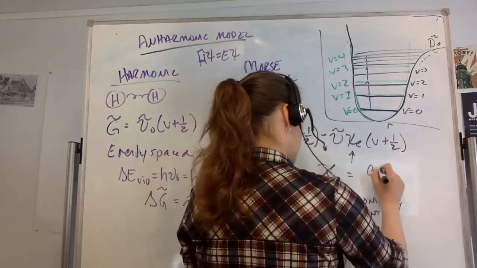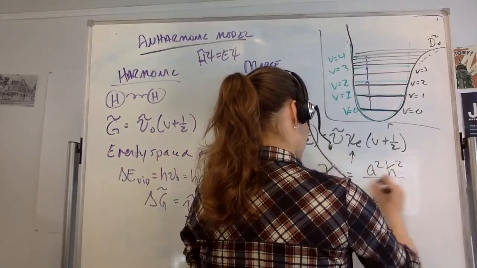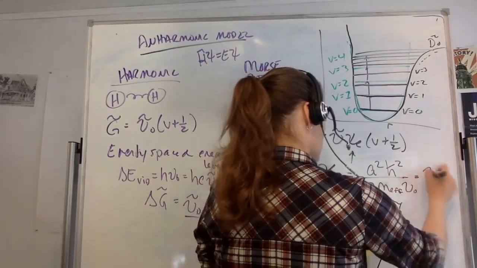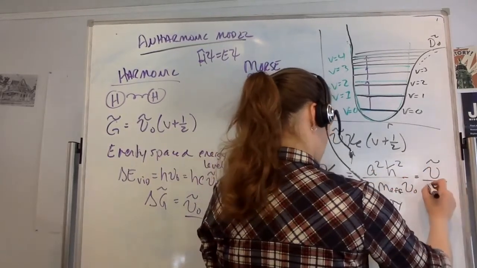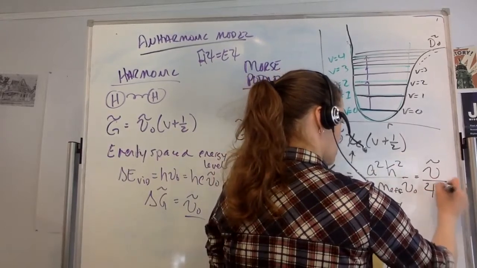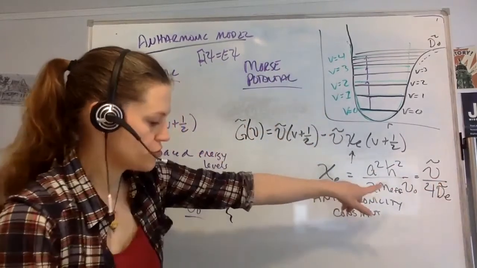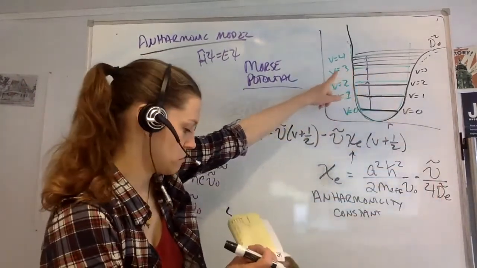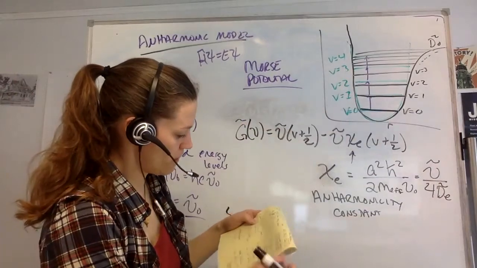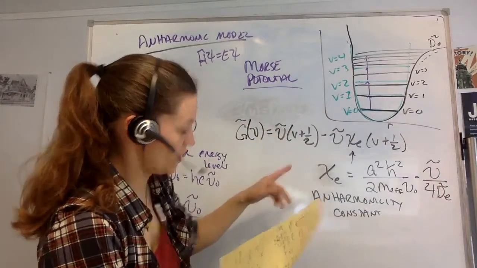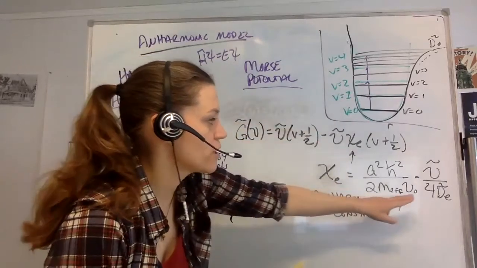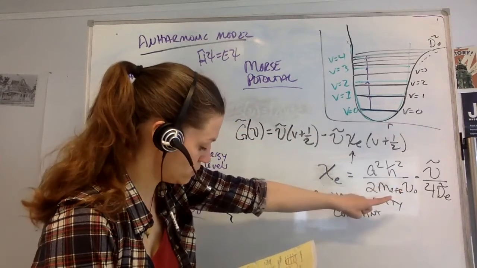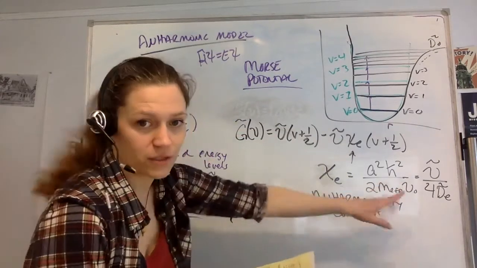That is equal to a squared h bar squared over 2 m effective ν0, which equals ν0 over 4 dE. There we go. So there's your frequency. This is your dissociation energy of your potential well. Cool. And I'll explain what that is in a second.